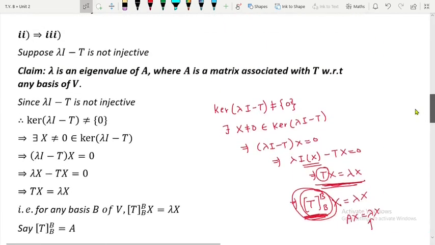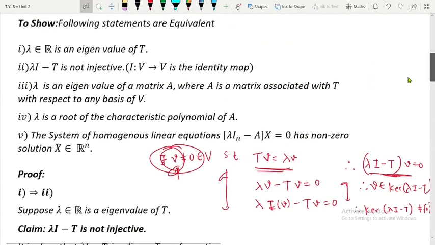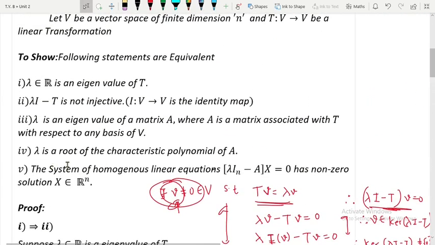Now we are going for the next part. I am going to assume that λ is a root of the characteristic polynomial of A, and we are going to prove that the system of linear equations (λI − A)x = 0 has a non-zero solution.